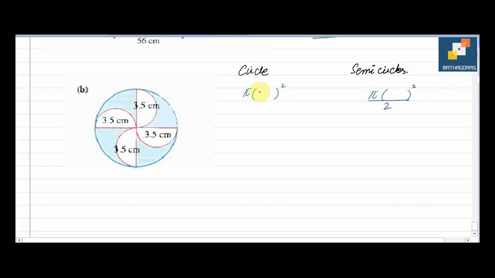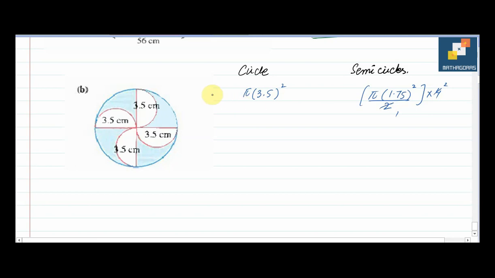Now the radius of the circle is 3.5, and the radius of a semicircle is 3.5 divided by 2. That means 1.75. Now how many semicircles do we have? We have 4 semicircles, so we need to multiply by 4. Okay, we need to solve it with the help of a calculator.